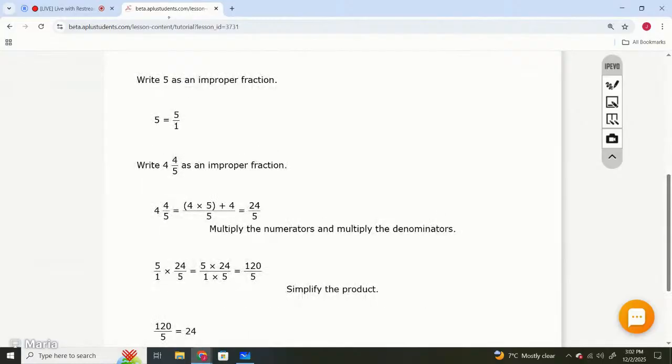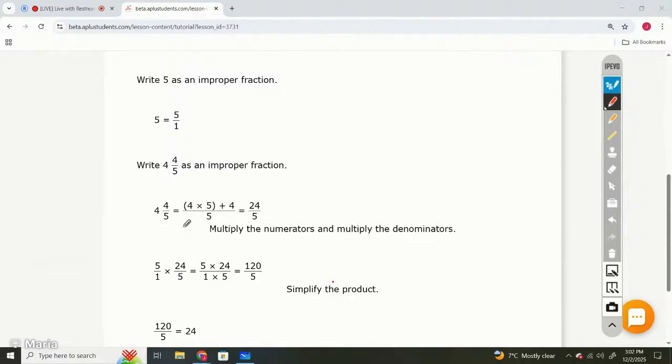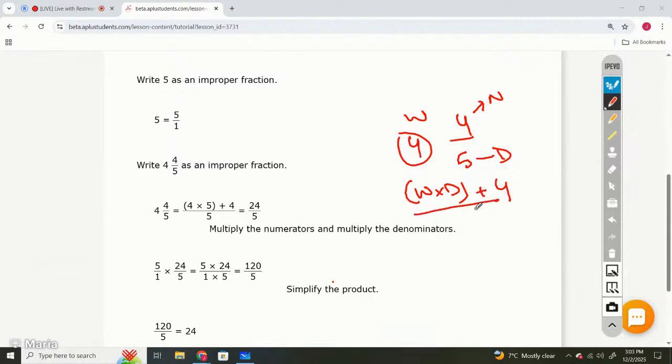So you can do it two ways, right? One is you need to multiply the whole number, 4 is the whole number and 5 is the denominator. So 4 times 5, multiplying the whole number times the denominator, plus the numerator, divided by 5.